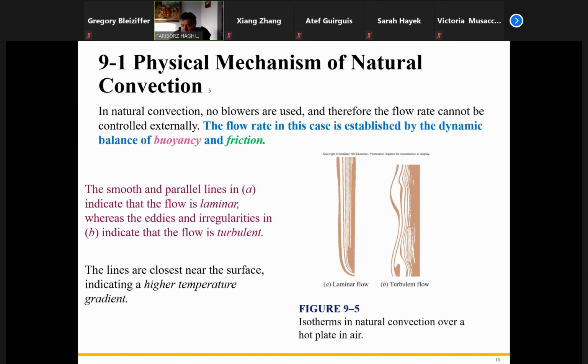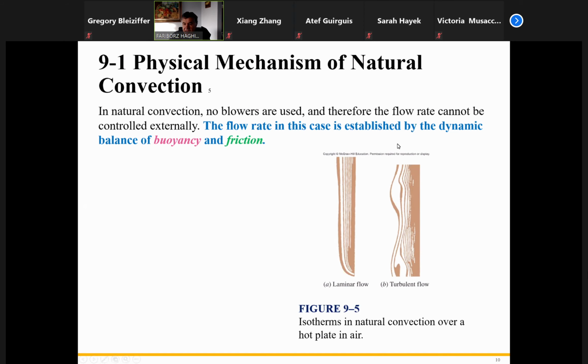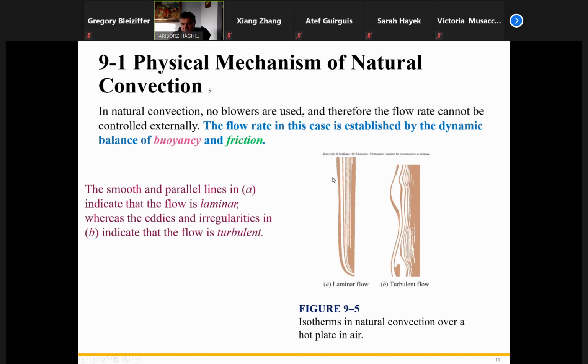One is buoyancy force, which happens because of the density difference between the air right here and the air here. There's a temperature difference, and therefore there is a density difference. The air closest to the wall, if this is the heated wall, has a higher temperature, therefore the density is different here. Therefore, this air moves up, and from here, colder air comes in.